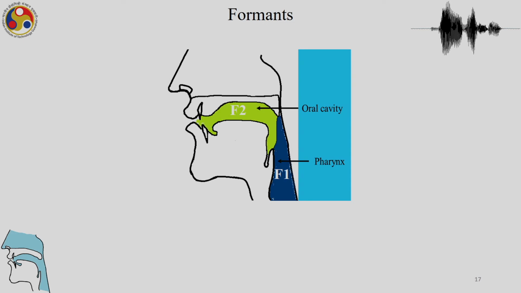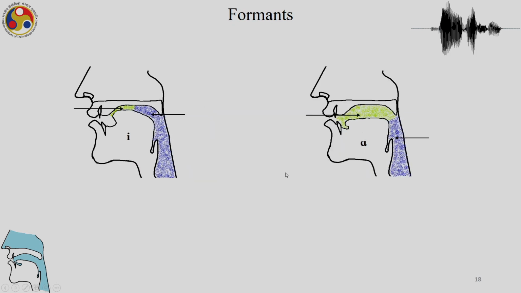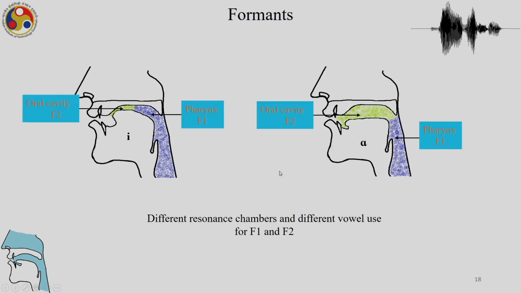So, recall our lectures on formants, which showed that the oral cavity and the pharyngeal cavity modulate the speech spectra, which is generated from the glottal region. And we have seen all these resonance chambers and how the spectra is modulated by the vocal tract.